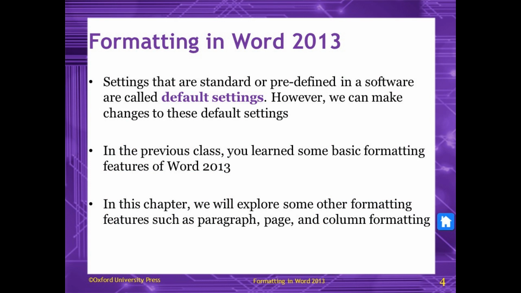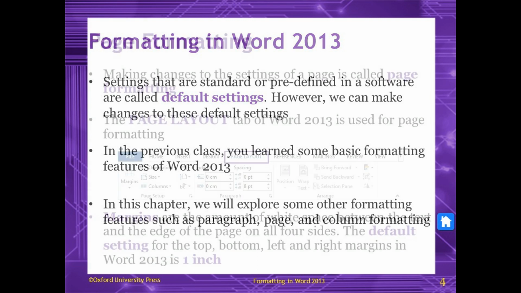In class 3, you have learned basic formatting features of Word 2013, and now in this chapter we will explore some other formatting features such as page, column, and paragraph formatting. And in this lecture we will learn about page formatting, setting margins using rulers, and changing orientation of the page.